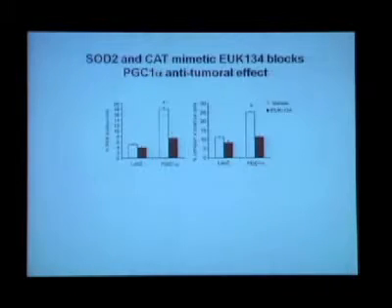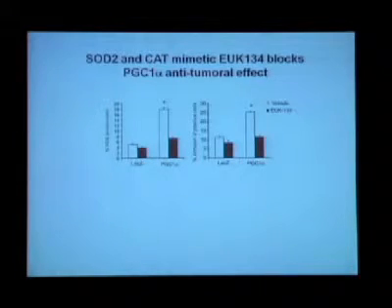So in the last 5 minutes, what I will show you is that if you put a mimetic of SOD2 and catalase on those cells, which is called UC134, you can clearly block the ROS production via PGC1 alpha, and you also block the pro-apoptotic effect.